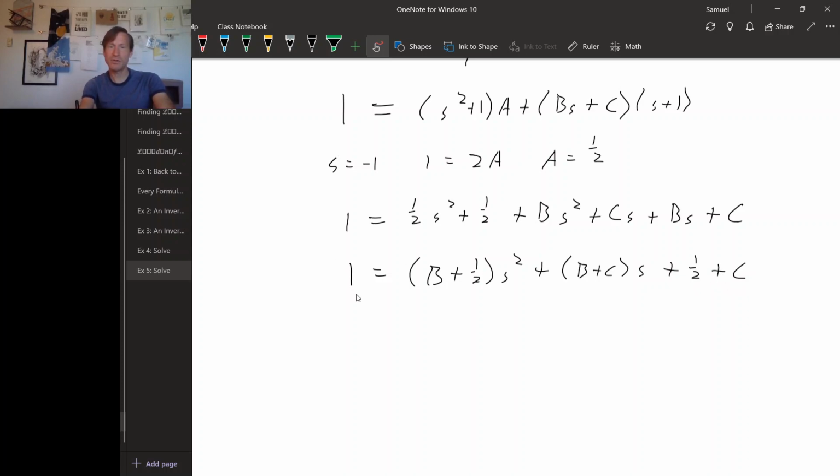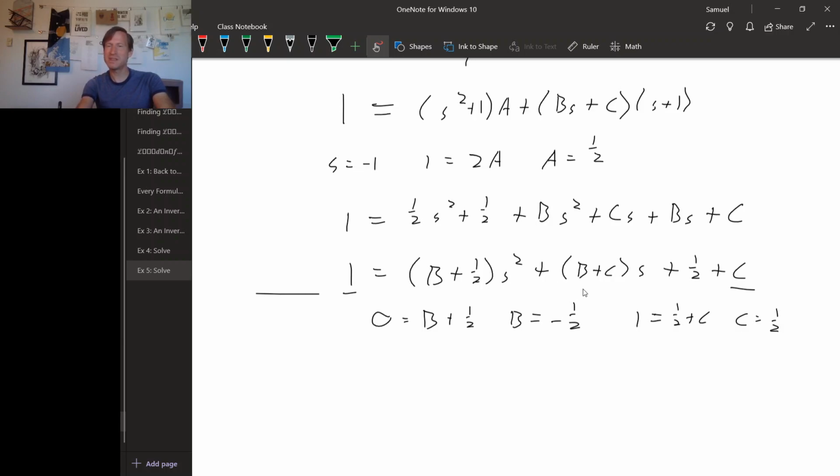Okay, now comparing coefficients, we know the s squared term has to be 0 because there is no s squared on the left. So 0 equals b plus a half, so b has to be minus a half. Looking at the constant terms, 1 has to equal 1/2 plus c, so c is a half.